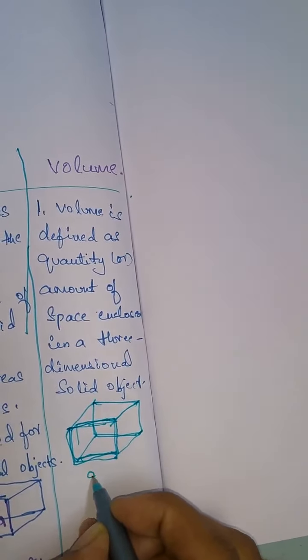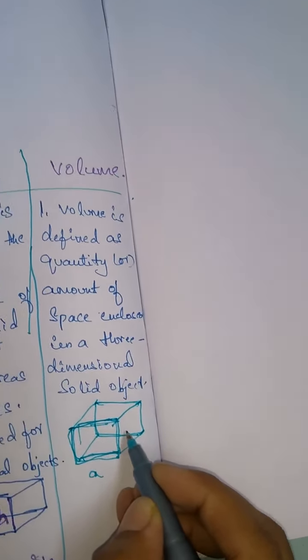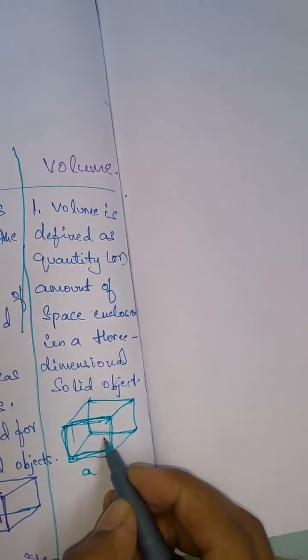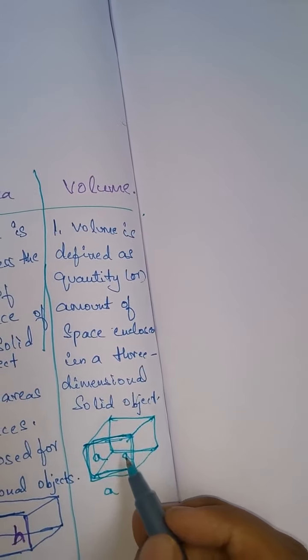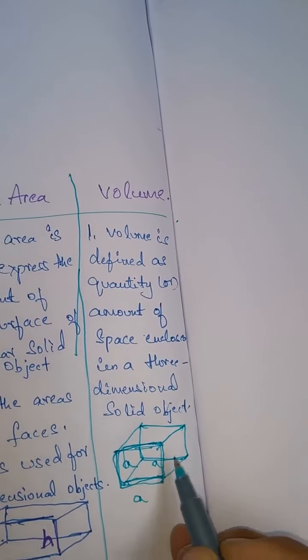So this is A, this is again A, this is A. All edges are equal in length in a cube.